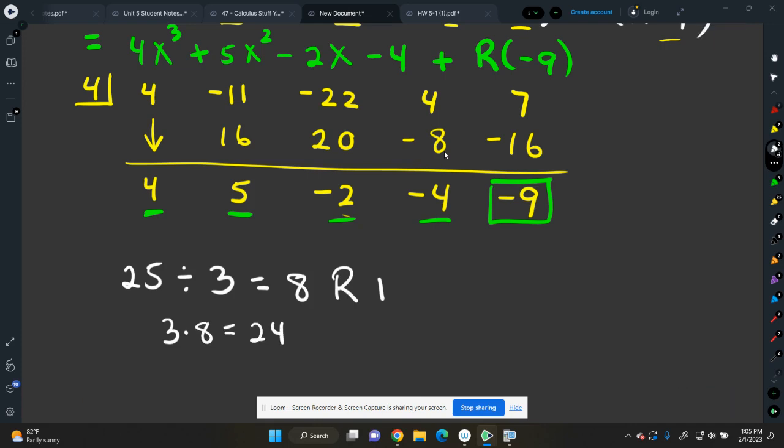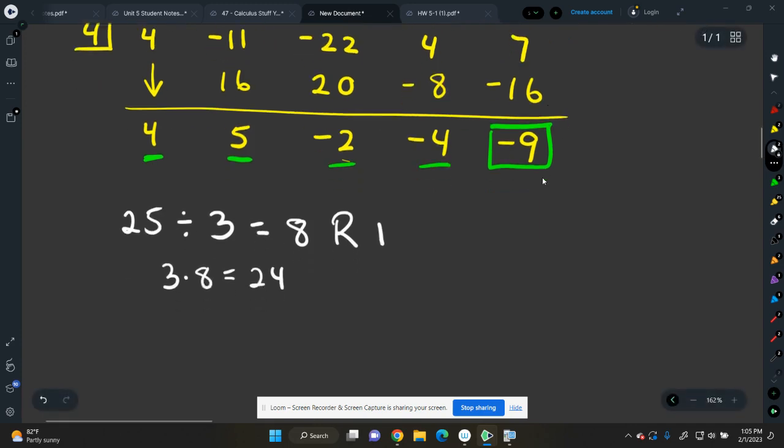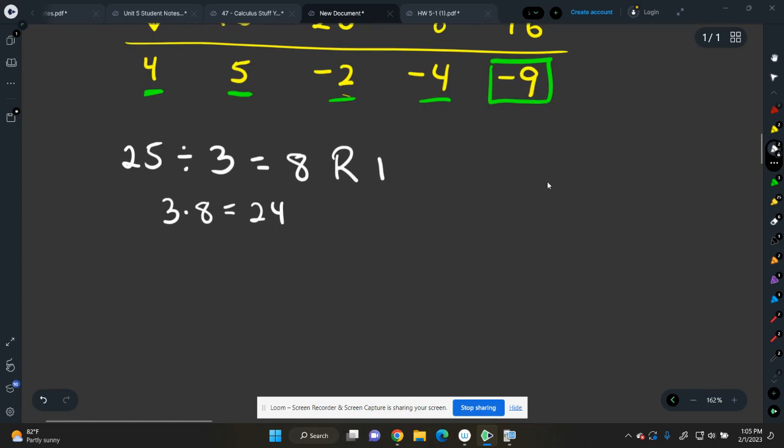Okay, everybody paying attention? Because this is connecting it all. Are 3 and 8 factors of 25? No. So 3 times 8 is 24. If I add the remainder, I get 25.